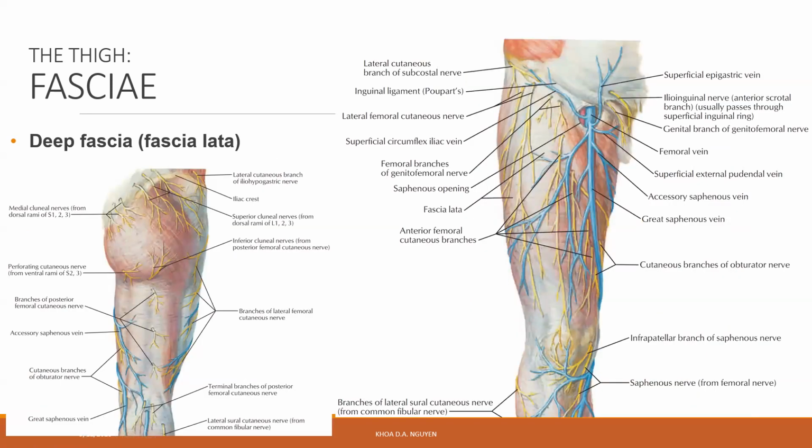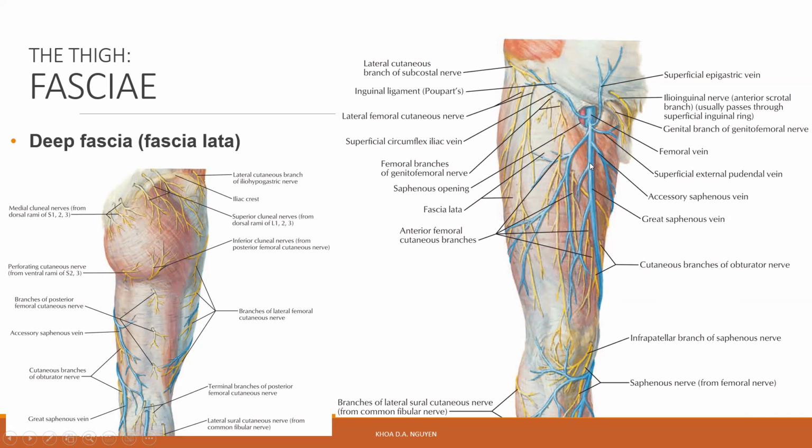Okay. So the fascia lata is this fascia that runs all the way surrounding the thigh like this. Okay. You can see it right here in an artist's rendition of the thigh. Now, neurovascular components, for example the superficial veins, are going to have to pierce this deep fascia to get inside.